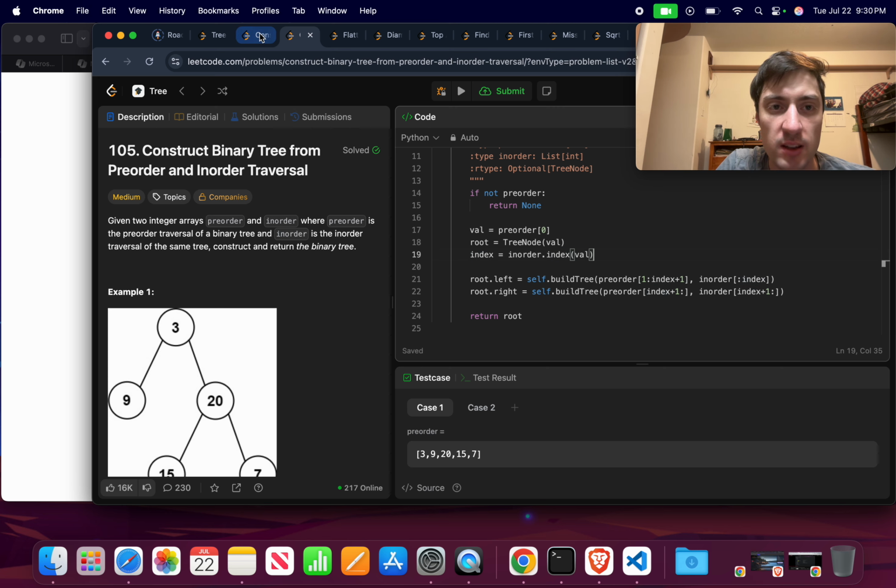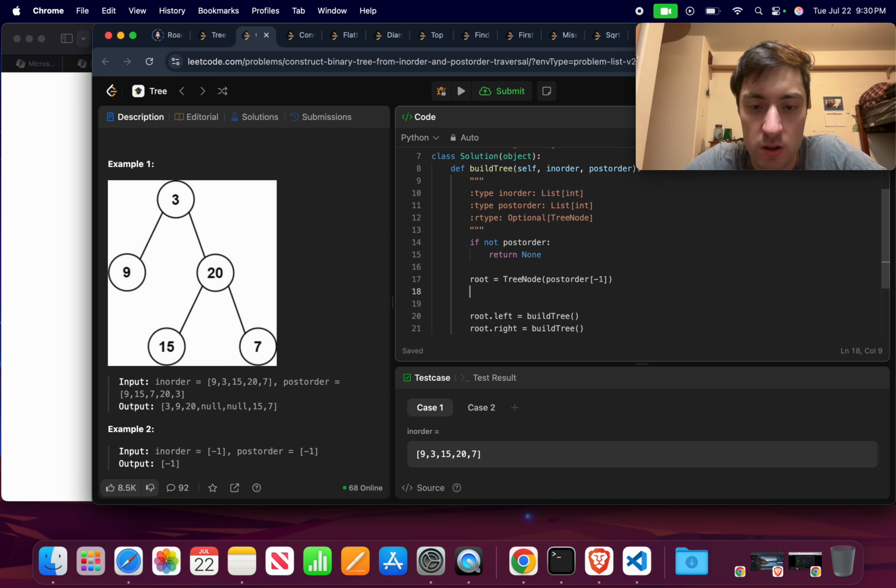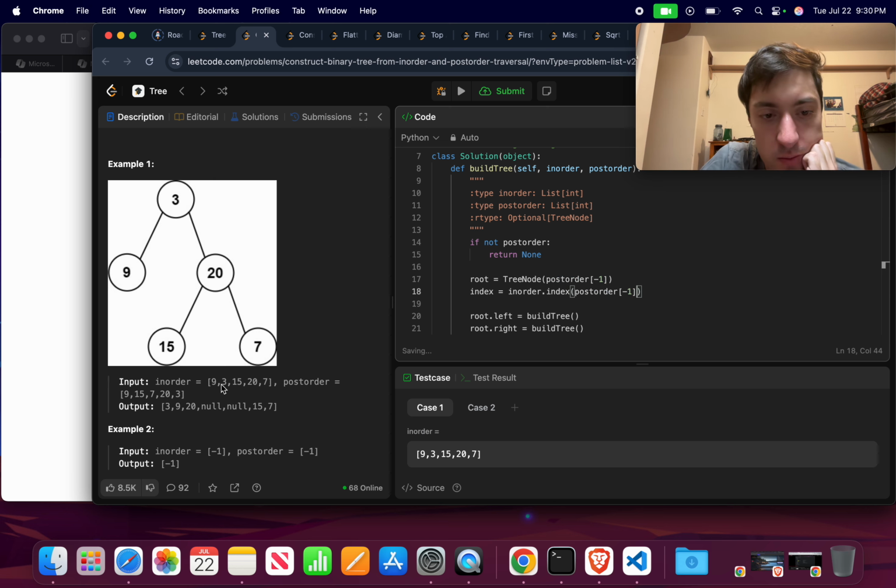Okay, so I do need to get that. So index is equal to in order index of, and I want the root node's value. So this is going to give me 1 right here because it's the index here.